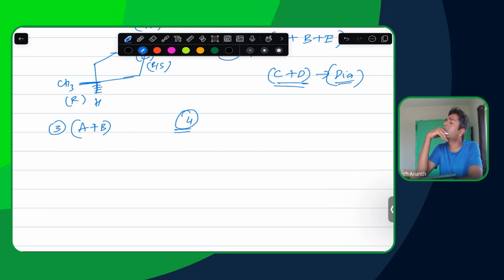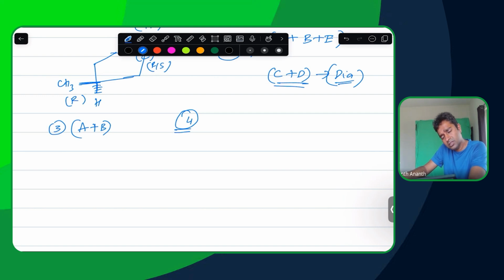Wait. There, CH3 and OH will come. When OH comes, the CH3 becomes chiral. And we have this fixed conformation only. No, 3 is not correct. You should have diastereomers only obtained there, because the CH3 and hydrogen there is going to be chiral as of now.